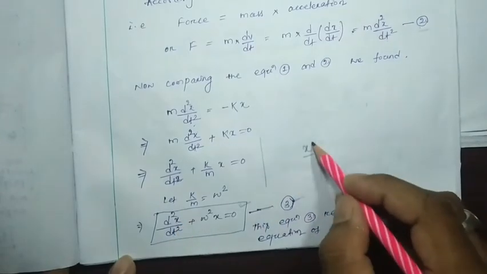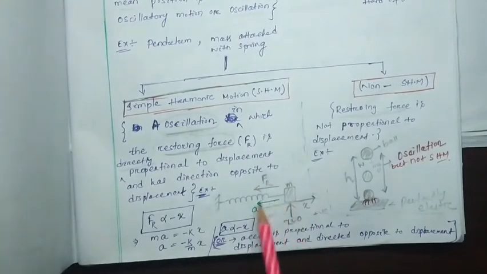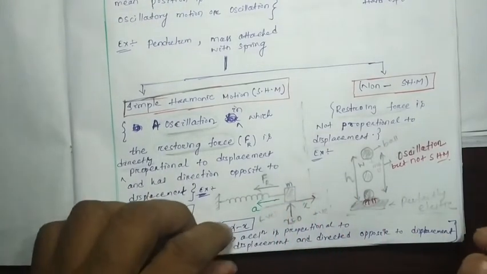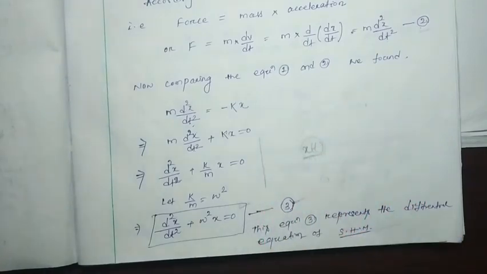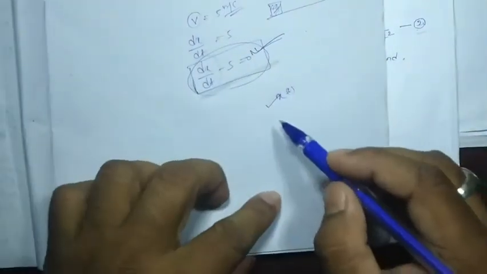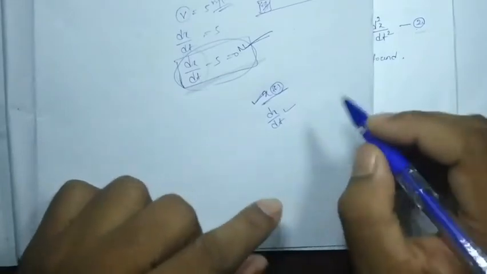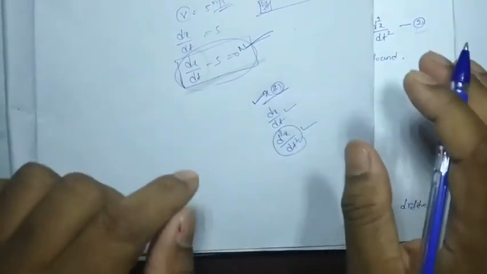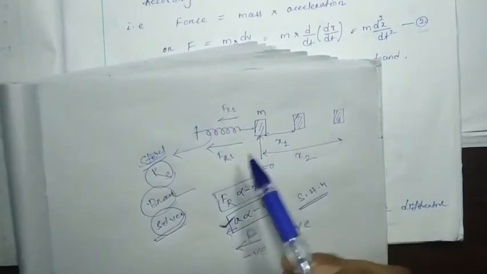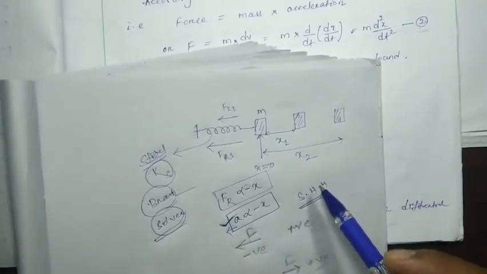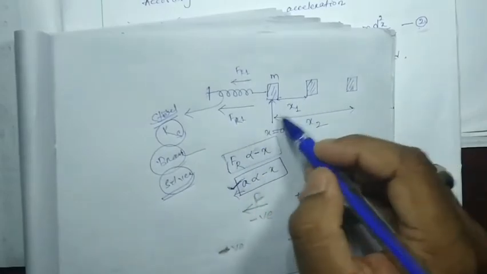Here x means displacement, and as a function of t it gives the instantaneous displacement of the mass attached to the spring at a particular time. From that displacement we can easily find the velocity: dx by dt is the velocity at that point, and d square x by dt square is the acceleration at that point. If the mass vibrates continuously, all the physical parameters, such as velocity, acceleration, kinetic energy and potential energy, can be derived if we get the instantaneous displacement of the mass oscillating about its mean position.